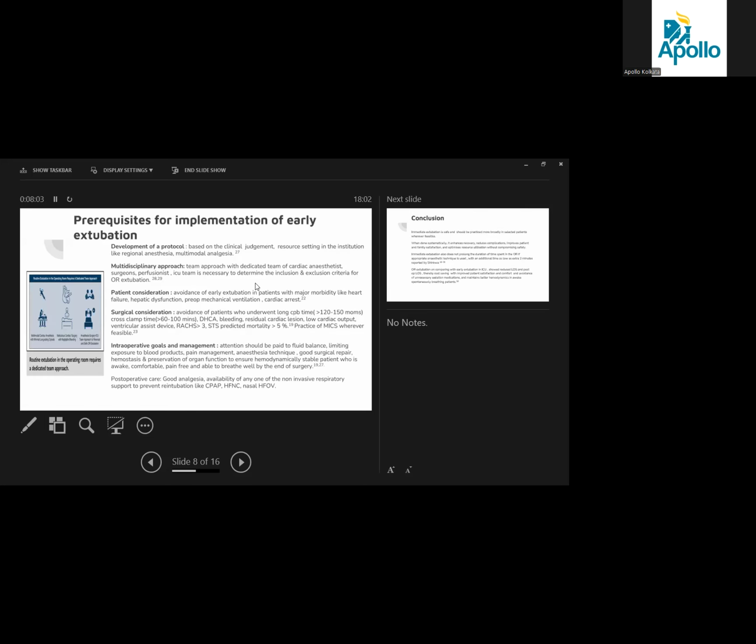So the prerequisites for implementation of early extubation, in concurrence with the previous studies, were to develop a proper protocol based on clinical judgment and resource setting in an institution, like regional anesthesia technique, multimodal analgesia, and a multidisciplinary team approach with a dedicated team of cardiac anesthetists, surgeons, perfusionists, and ICU team.